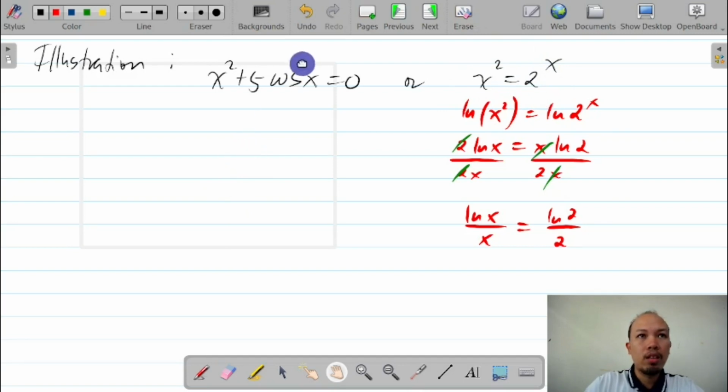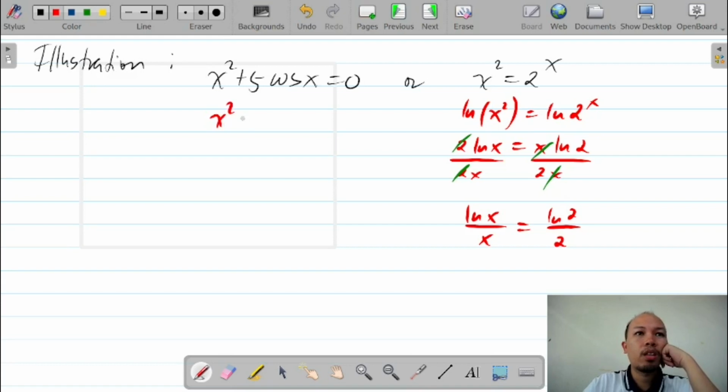This is far more complicated than the quadratic equations we solve in algebra and trigonometry. How will you solve this one?